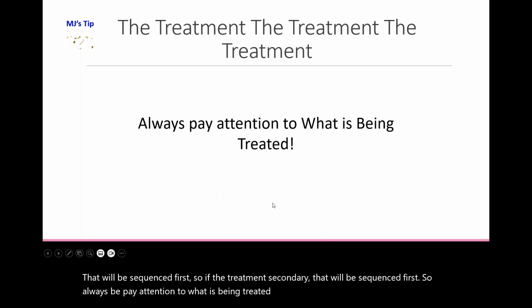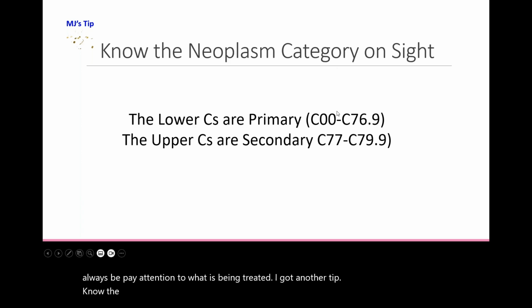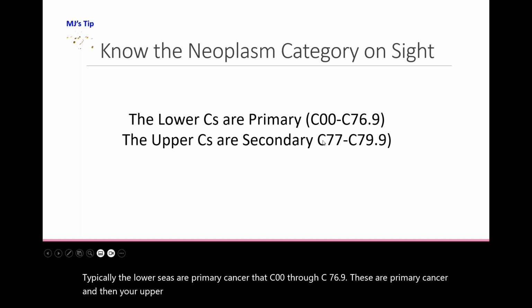I got another tip. Know the neoplasm categories on site. Typically the lower C's are primary cancer, that's C00 through C76.9. These are primary cancer. And then your upper C's, the C77 through C79.9, that's secondary cancer.